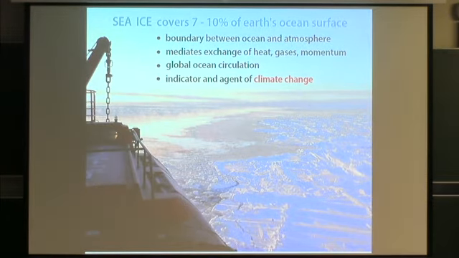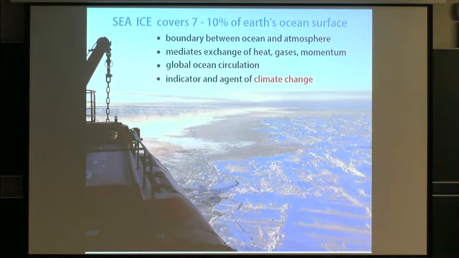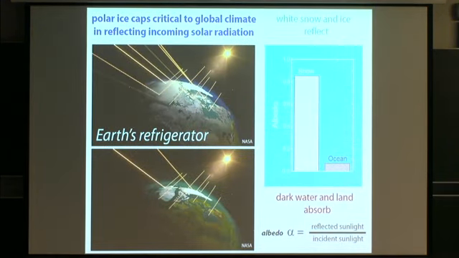Sea ice is not only a very sensitive leading indicator of climatic change, but it's a key player in Earth's climate system. And one of the main roles that it plays is in reflecting incoming solar radiation during the polar summer. This is measured by the albedo, the ratio of reflected sunlight to incident sunlight.